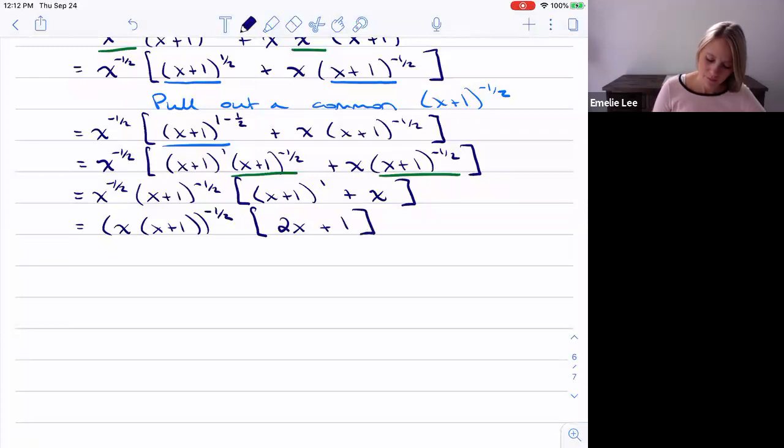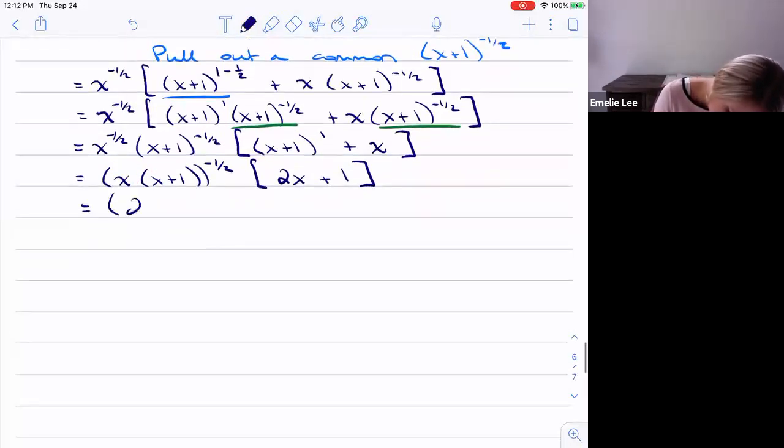Last thing I can do, if I want to, is expand the x(x+1) to make 2x plus x, and that might make it look a little bit cleaner. (2x+x)^(-1/2).